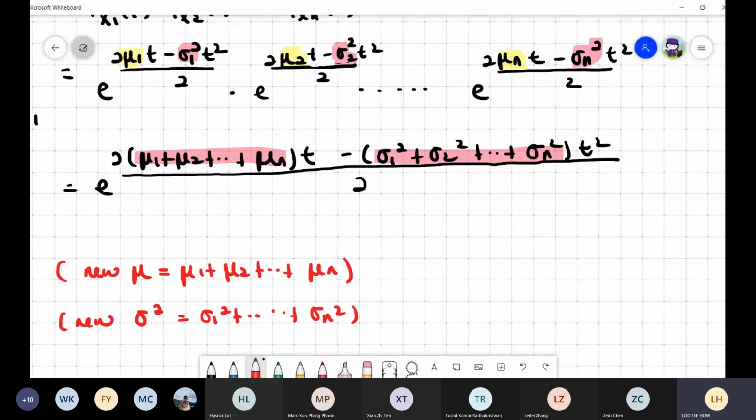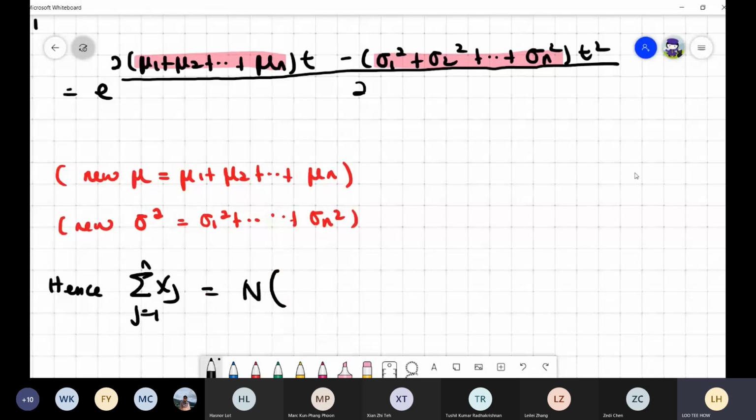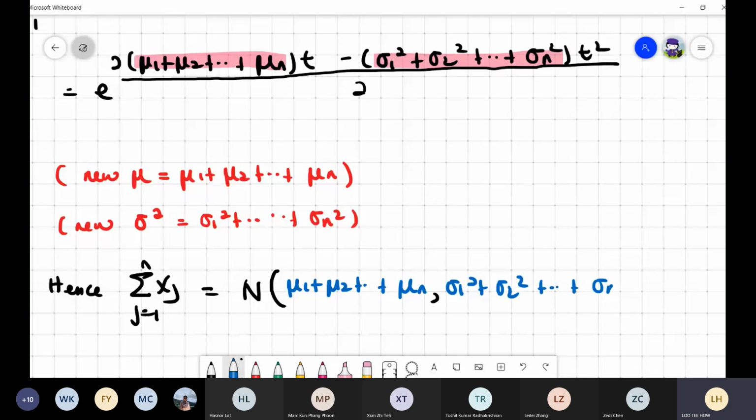So using this formula, we can claim that the summation of xj, j running from 1 to n, has the normal distribution with the new mu and new variance, sigma 1 square plus sigma 2 square up to sigma n square.